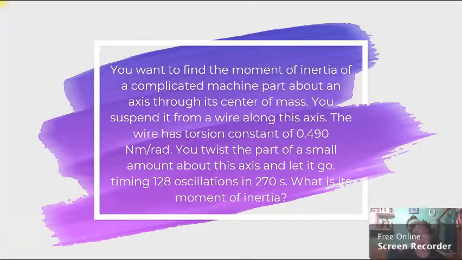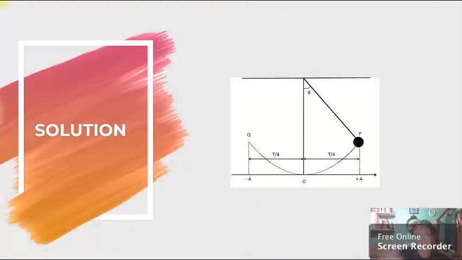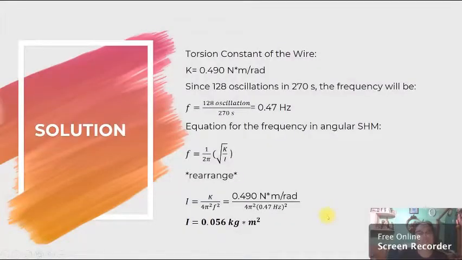So in this problem, we need to focus on the moment of inertia. Before the given, this is the free body diagram of the problem. We are given a torsion constant of 0.490 Nm per rad and 128 oscillations in 270 seconds.